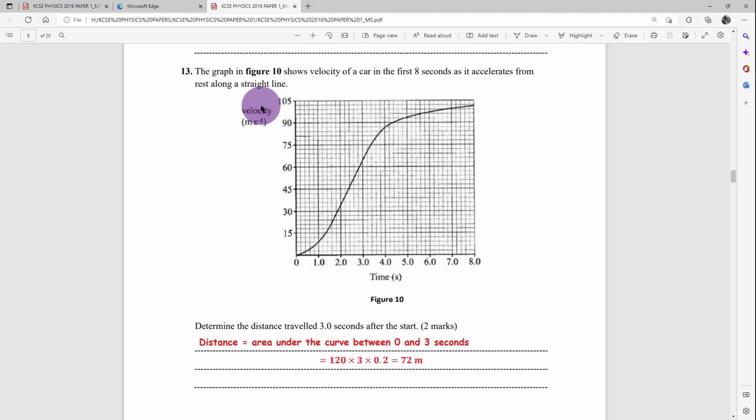So we know that when you are given a velocity time graph, we need to calculate the area under the graph. So we can just calculate this area over here all the way up to that point.